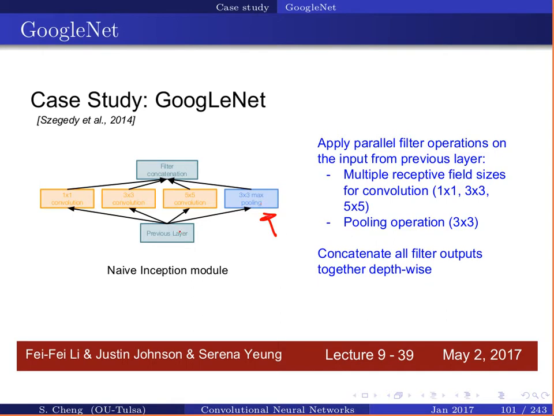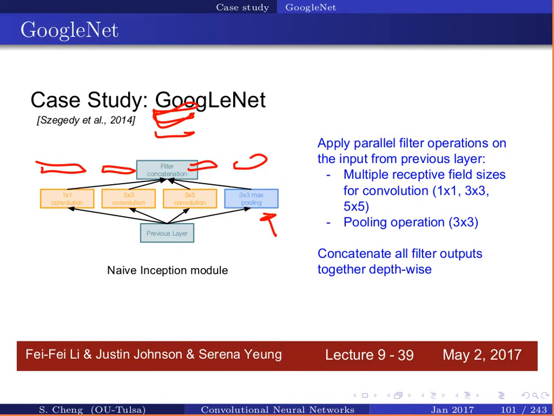And for 3x3 and 5x5, they do padding such that the output size after each of these conv layers is the same. So they simply stack these outputs together, forming 4 stacks like that.